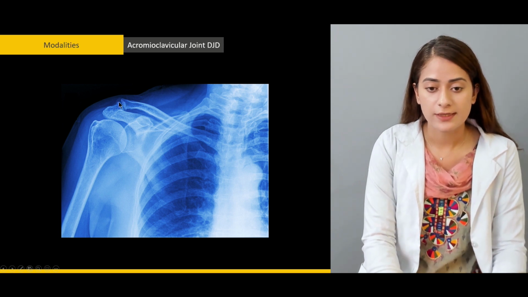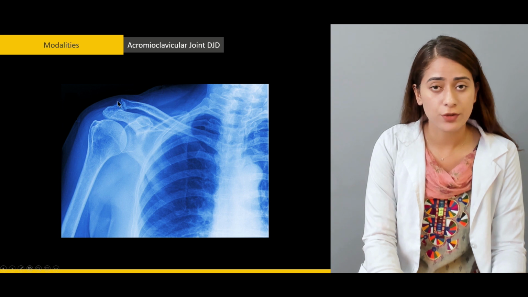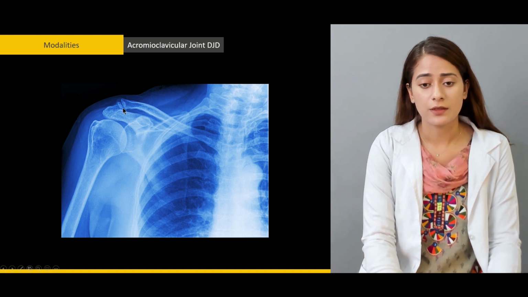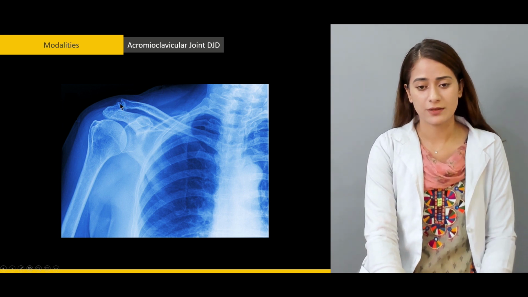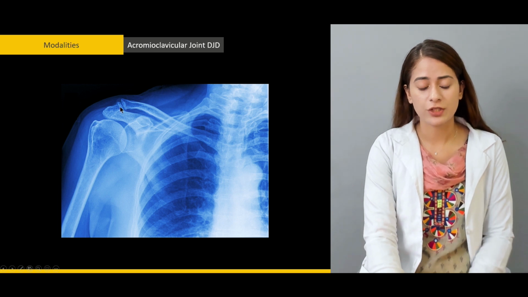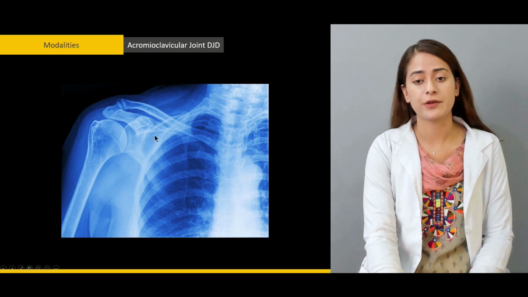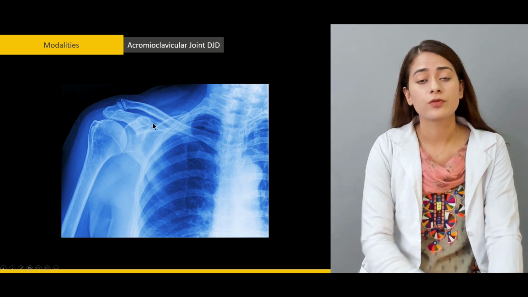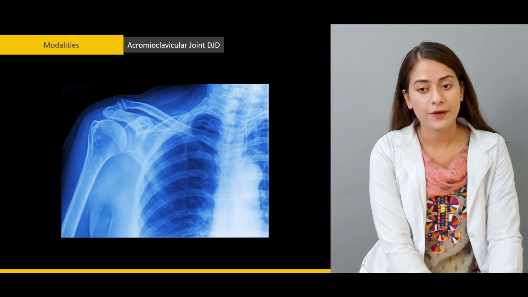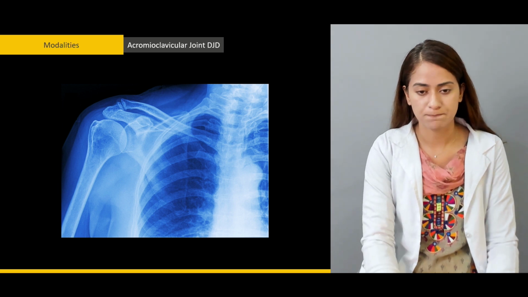So this is increased sclerosis. There is generalized weakening of the bone here that is visible. So there is sclerosis as well as joint space narrowing. So this is acromioclavicular osteoarthritis or degenerative joint disease.